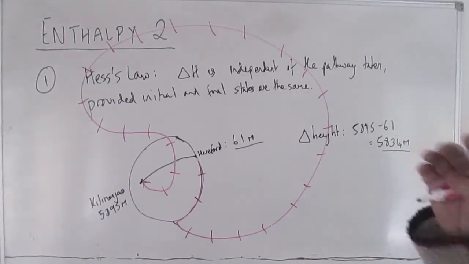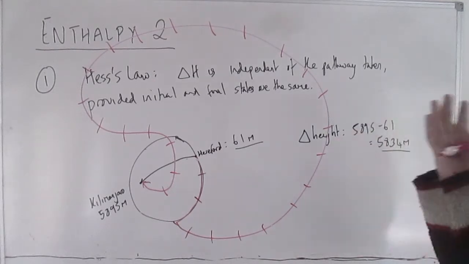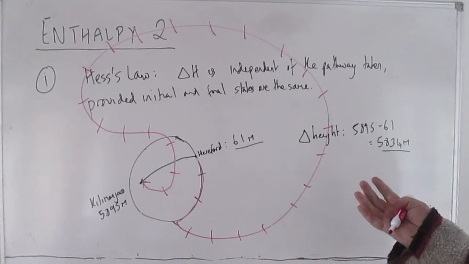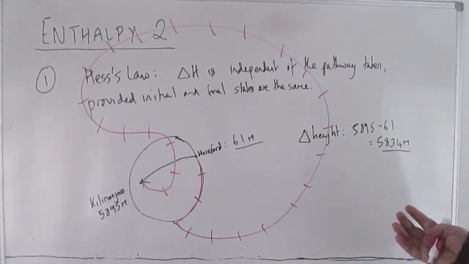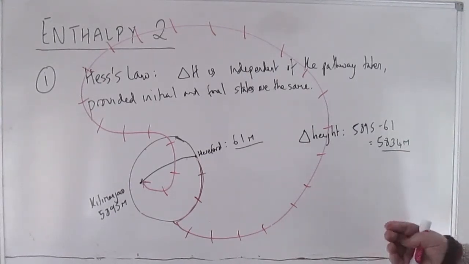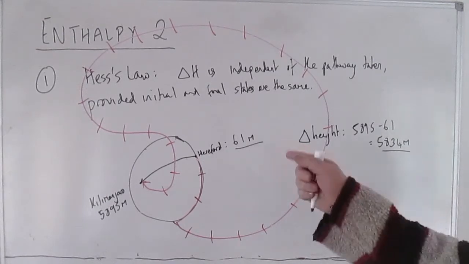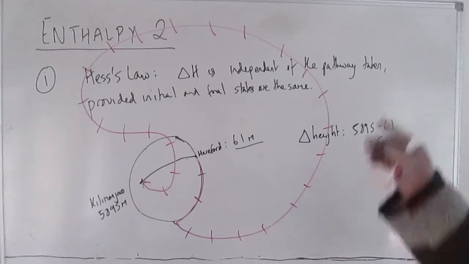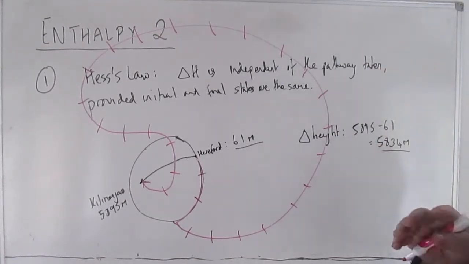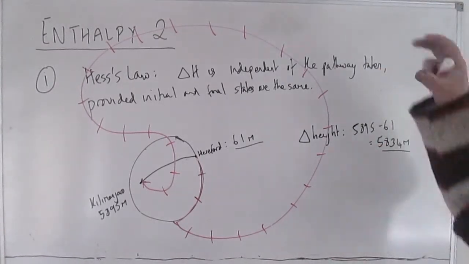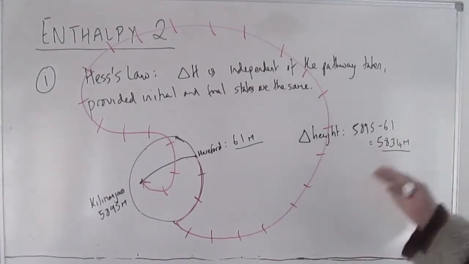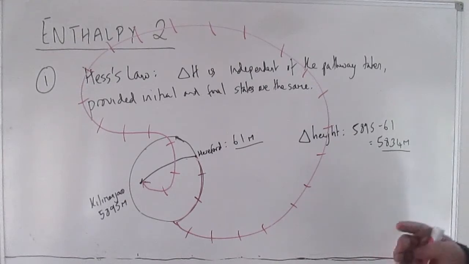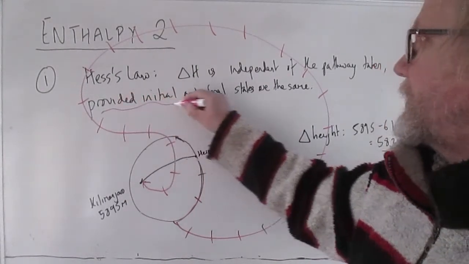So that's almost too obvious to mention in the case of altitude, but it is also true in the case of enthalpy: it doesn't matter whether you go directly or break it down into a whole series of steps, sometimes by a very strange route. If you add together delta H for each of those individual steps, they will add up to the same overall enthalpy change. And that's true provided initial and final states are the same.